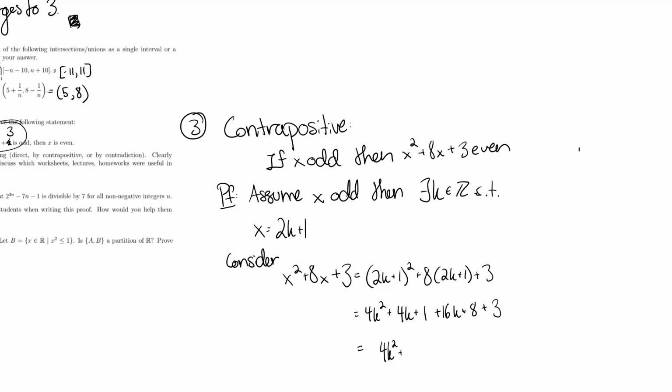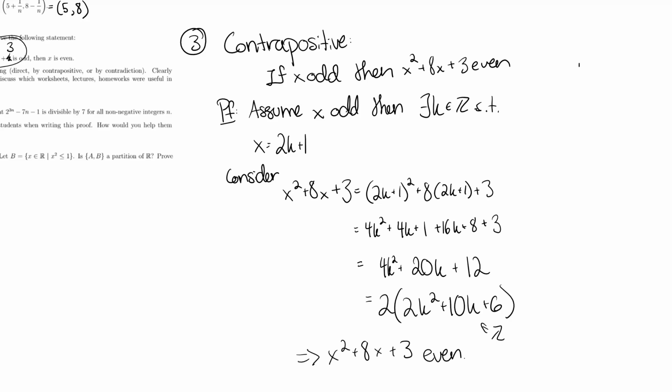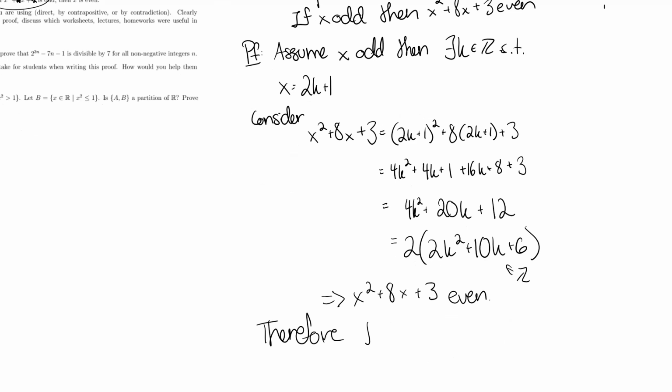Woo! I'm nervous. 20k plus, excuse me, 12. All right, all those things are divisible by 2. Yeehaw! This is in the integers. So then x squared plus 8x plus 3 is even. Therefore, the contrapositive is true.